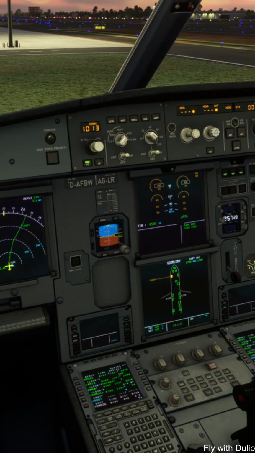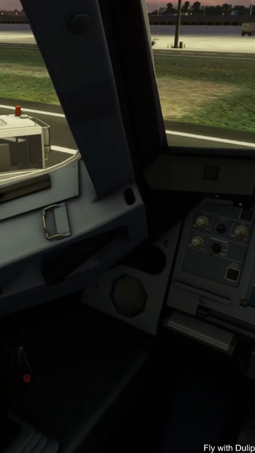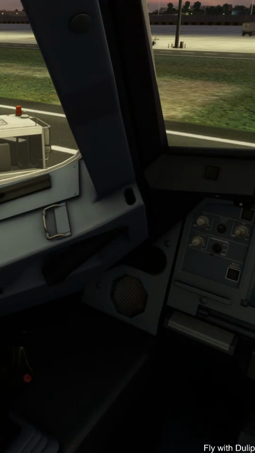Flight controls for the initial time. This is not for the pushback, but we will just verify whether the flight controls are working as expected. This is not a standard test, but it is because I'm using a faulty flight yoke right now.